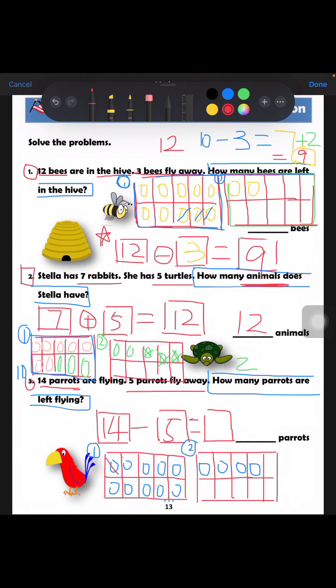So now we cross out 5 circles. In the first set, there are 10 circles, and then we cross out 5. So 10 minus 5 equals 5. And in the second set, there are 4 circles. So 5 plus 4 equals 9. So 14 minus 5 equals 9. And there are 9 parrots left flying.